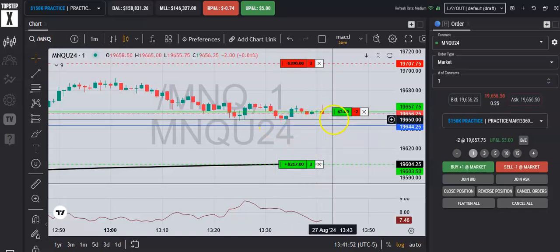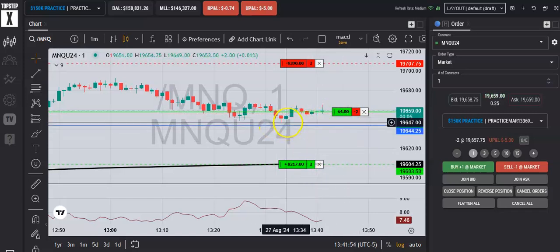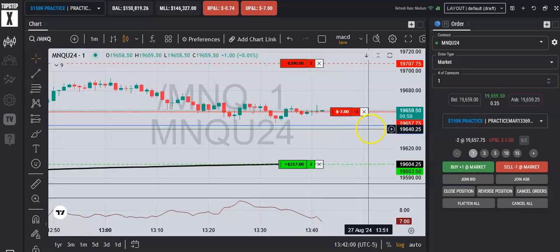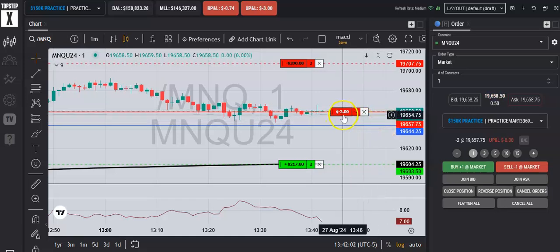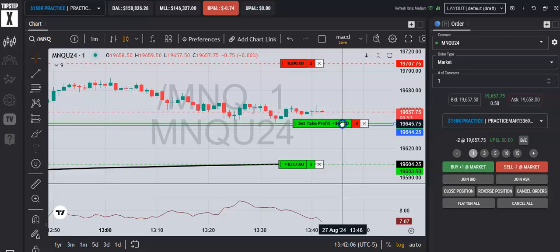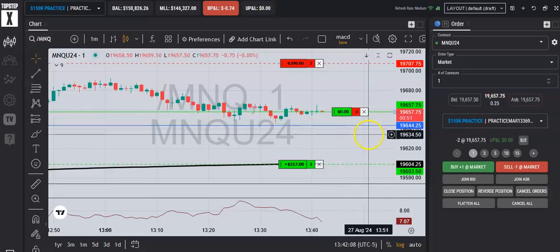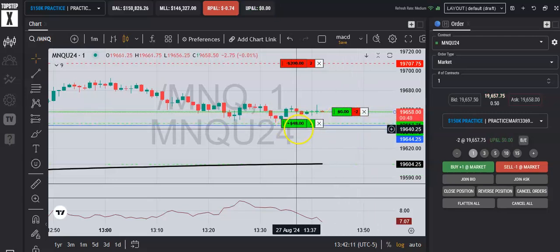Now I want to take profit at the bottom of this candle at 19,647. With the TopStep X product, all you have to do is click on this box right here and drag it down. And now my new take profit will be placed at that location.